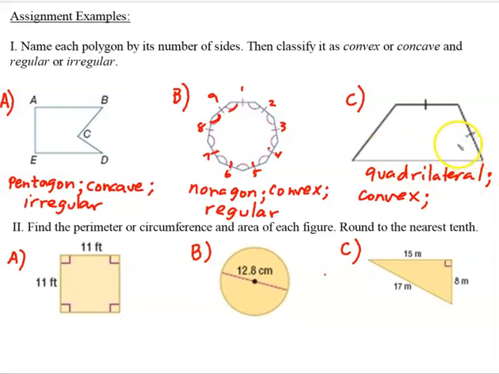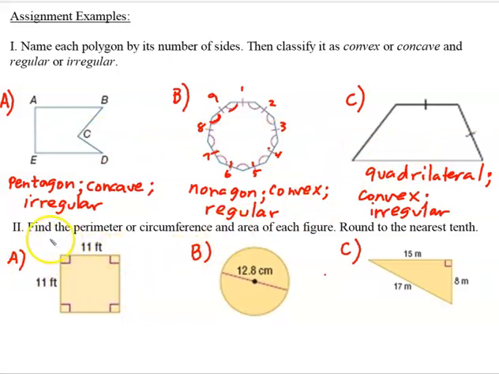This was one of our previous examples. It is irregular because not all sides and angles are the same. Okay, so that's one type of exercise you will do. You'll have a block of problems that will involve that objective.